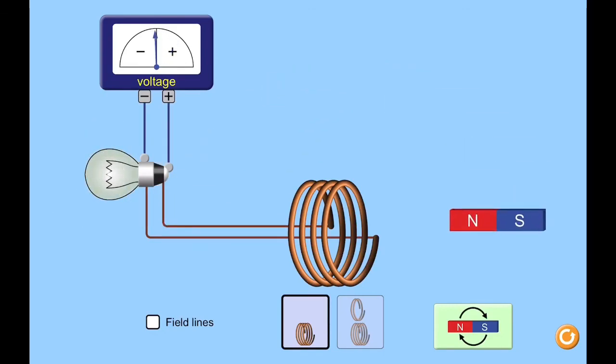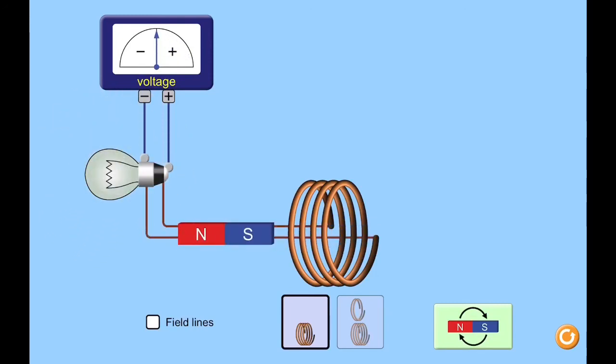I don't know whether you noticed the direction of the needle. So I'll do it again. I am going to introduce the north pole of the bar magnet into the coil. Check the direction of the needle. The direction of the needle is going towards left. Now I am going to take the south out from the coil. So the direction of the needle is towards right.